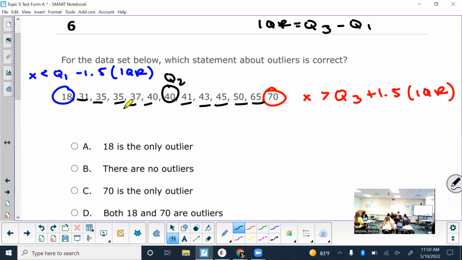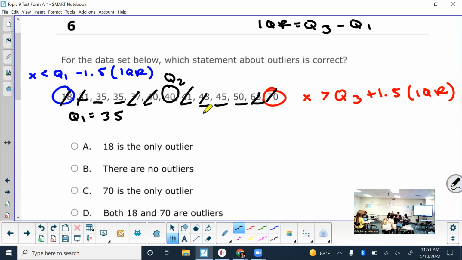So then for the median of the lower half, never cross out the median, by the way. But you just go left, right, left, right. I have two numbers in the middle. What's the average of 35 and 35? Good. Over here, find the median of your upper half.